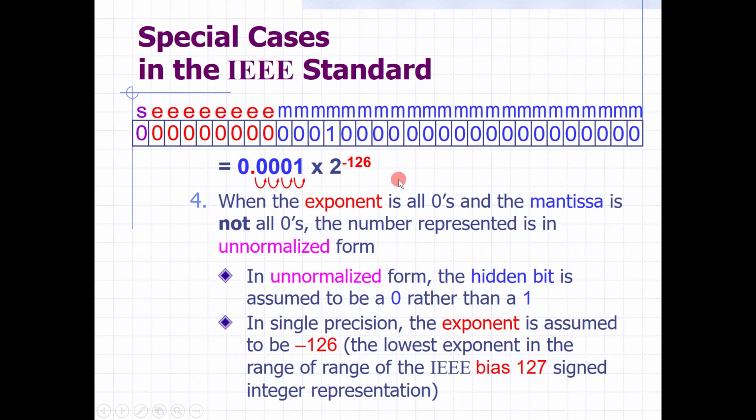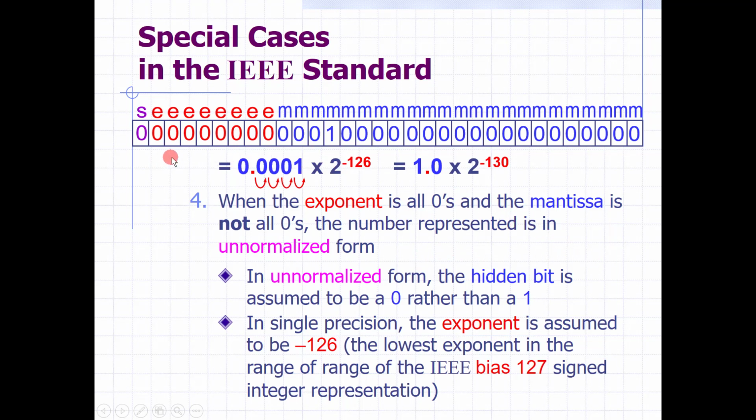Technically, if we were going to try to normalize it, it would be 1 times 2 to the minus 130. But minus 130 doesn't fit in our 8 bits in the usual way. But in an unnormalized way, it does. I know that the wording here is frustrating in some ways, unnormalized and normalized.